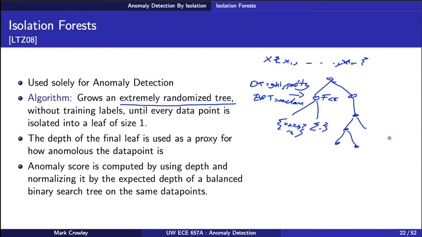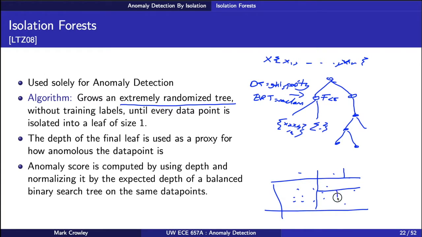If you think about your data set, when you've got a bunch of data points, and some of them are normal and some of them are weird, and think about how decision trees work, you've got to basically cut the space into multiple sets over and over. Every time you make a cut, you're making a split in that set.